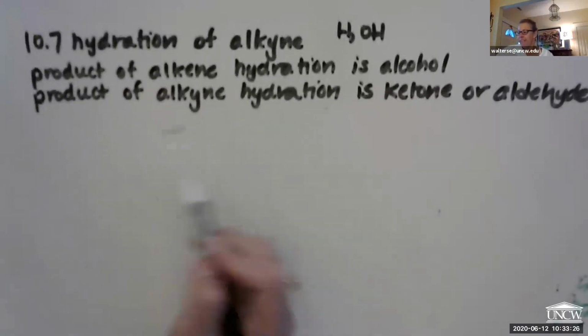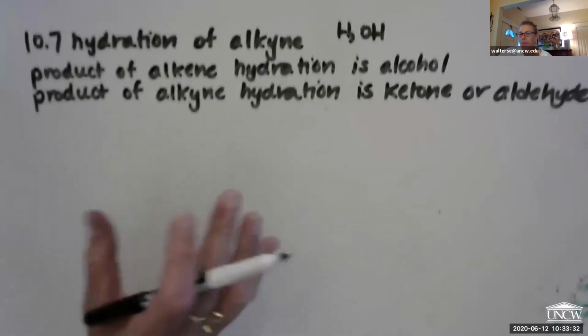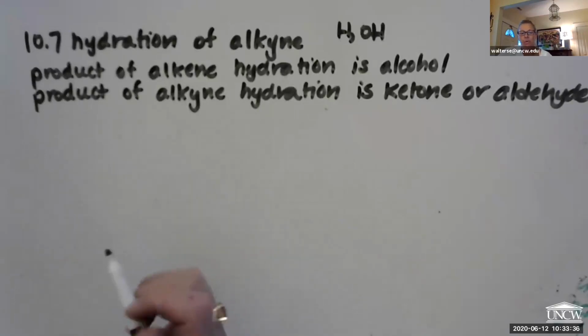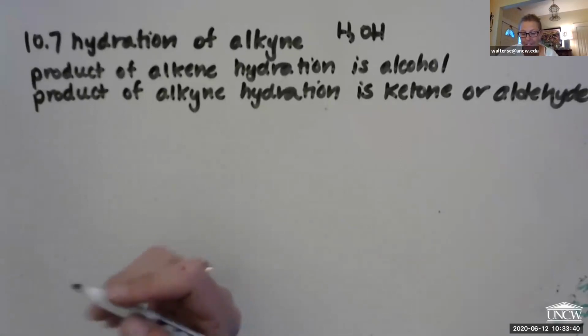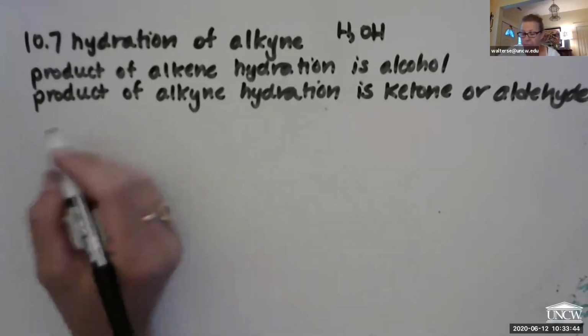Now, you can have an alkyne and do acid catalyzed hydration just with H3O+, but the reaction is really slow and not very effective. So you have the reaction go faster by using the acid in combination with a mercury salt.